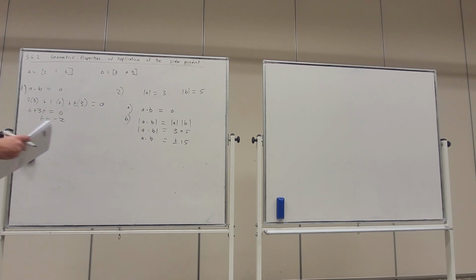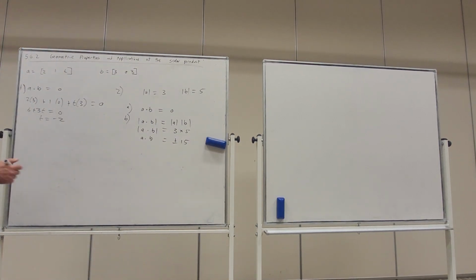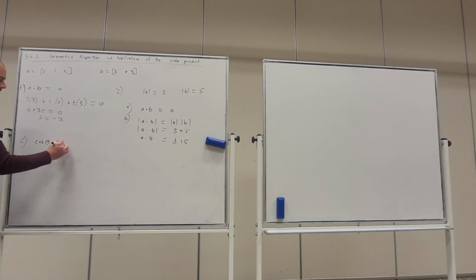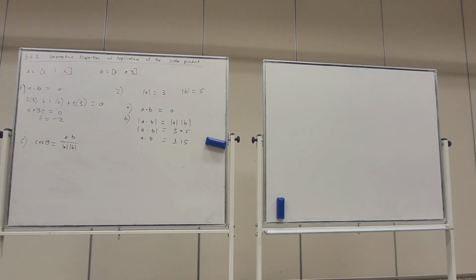All right, part C says, what about if they're at 45 degrees to one another? Now, all of these flow from what we were doing last lesson, which was calculating the angle between two vectors, which follows this formula. All right, and we're just going to chuck in what we know. We know the angle is 45.